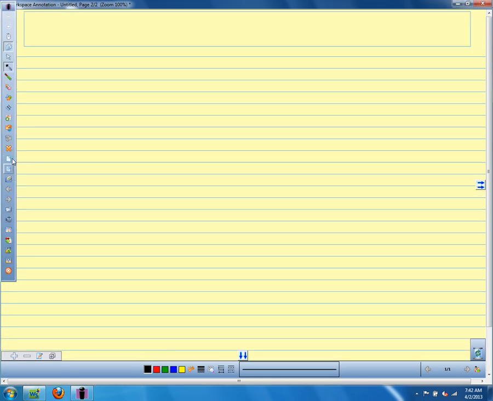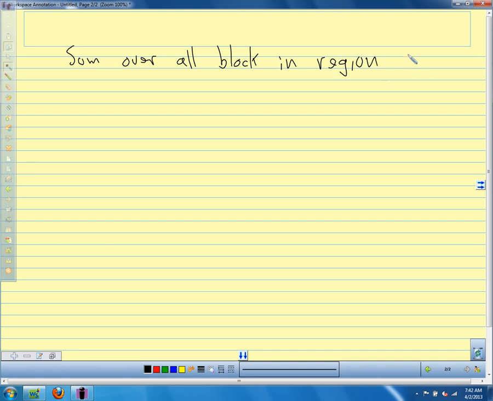So I'm skipping some steps that we've talked about before, where we're summing over all the blocks, taking the limit as delta V approaches 0.